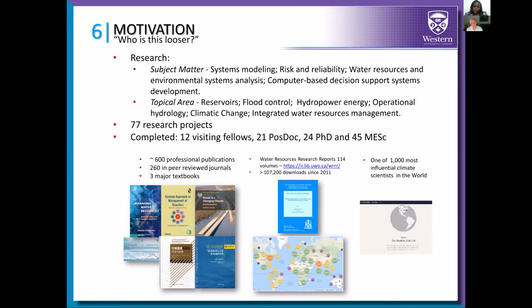I had over 70 research projects, advised 45 master's students and 24 PhD students, and published over 600 professional publications, 260 in peer-reviewed journals, and 3 textbooks. The book on floods in a changing climate was translated into Chinese. The book on systems approach to managing disasters was translated into Chinese. The book on managing water resources was translated into Farsi.